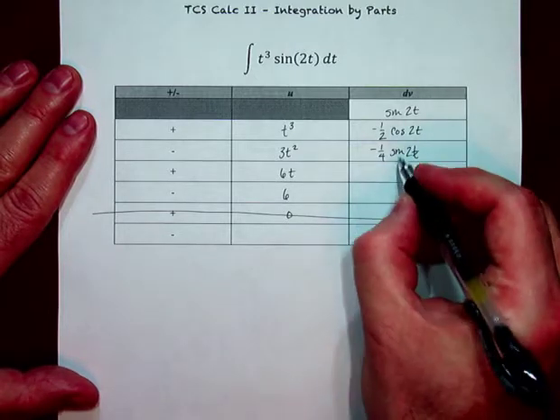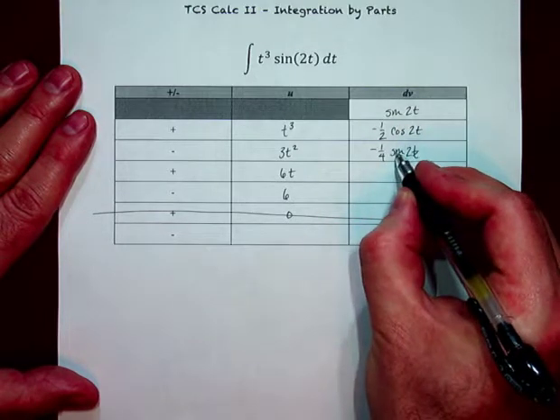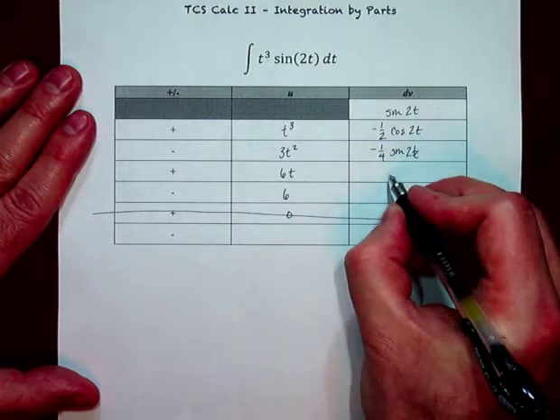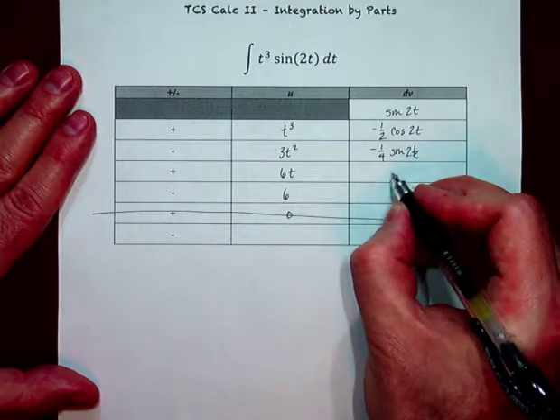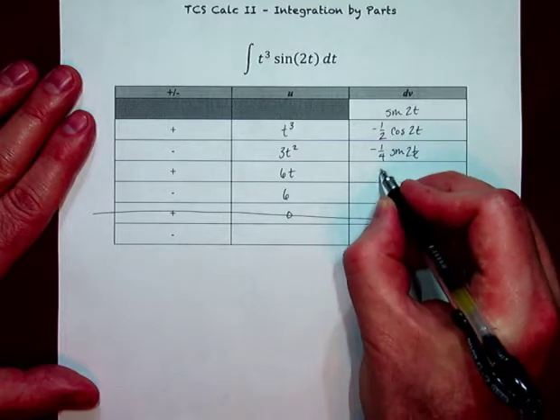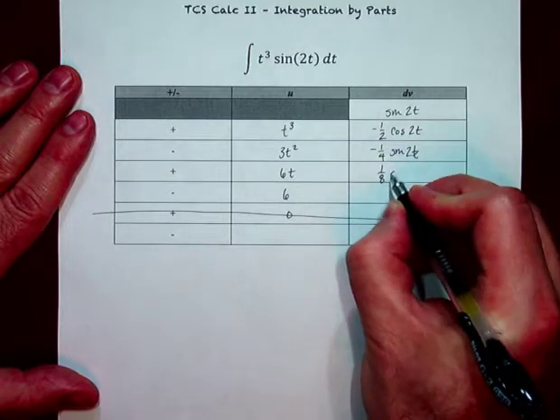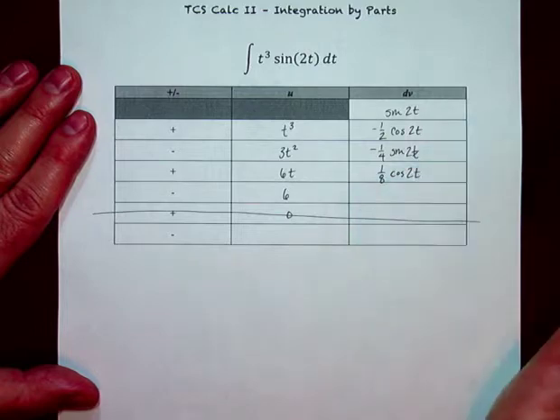And then of course sine is the derivative of negative cosine, so its antiderivative is negative cosine, turning this to a positive 1/8 cosine 2t.